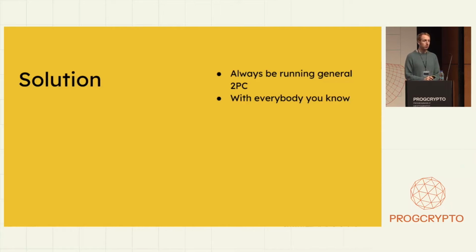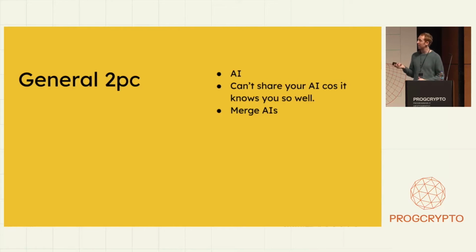So the solution is that we need to do 2PC with everyone all the time. And this way you wouldn't need to ask them to participate. They would already be participating. But we have to turn the inputs into more general information.